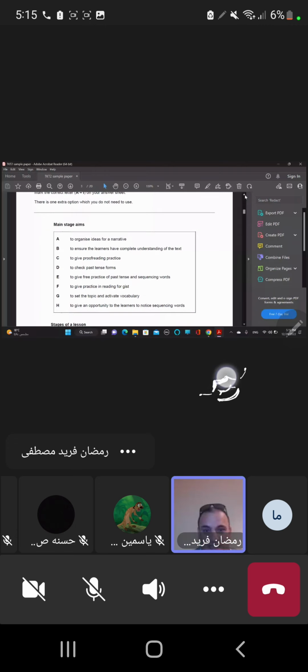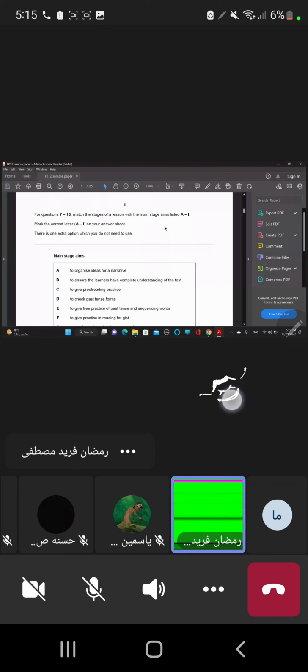Okay, so here, for example, a question like this, I might give you this or a similar question. For questions 7 to 13, match the stages of a lesson with the main stage aims.